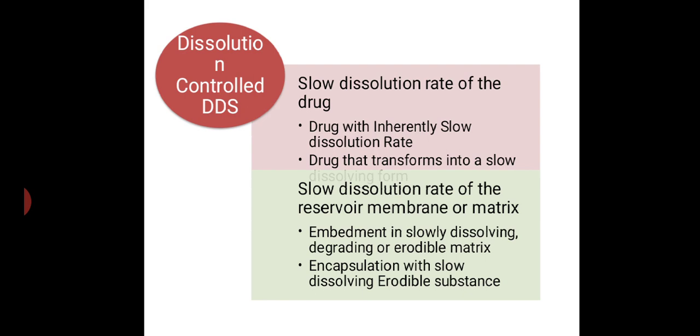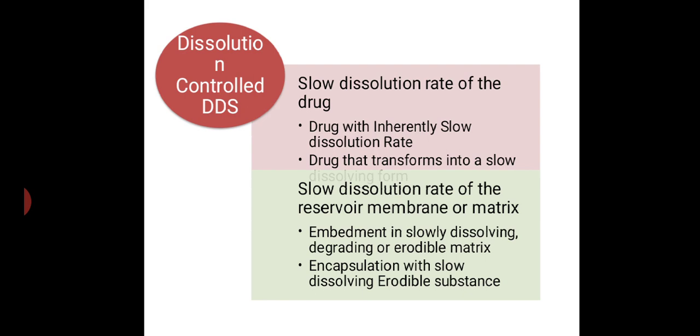In certain drug molecules, the molecule's inherent property itself is that it is low soluble or has a slow dissolution rate. Examples of this type of drug molecule are griseofulvin, digoxin, nifedipine, etc. So these drug molecules have a slow dissolution rate.